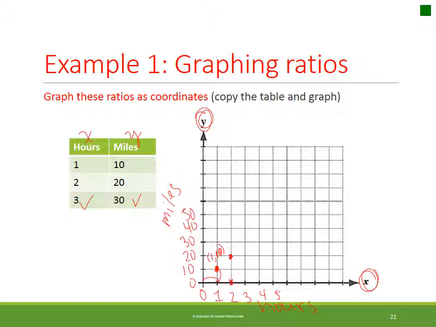This now is the coordinate 2, 20. A lot of people like to use the dotted lines, which is fine. And then my third coordinate, I go 3 hours, and then I go up to the 30-mile mark. So this coordinate is 3, 30. Now I have graphed these ratios as coordinates.